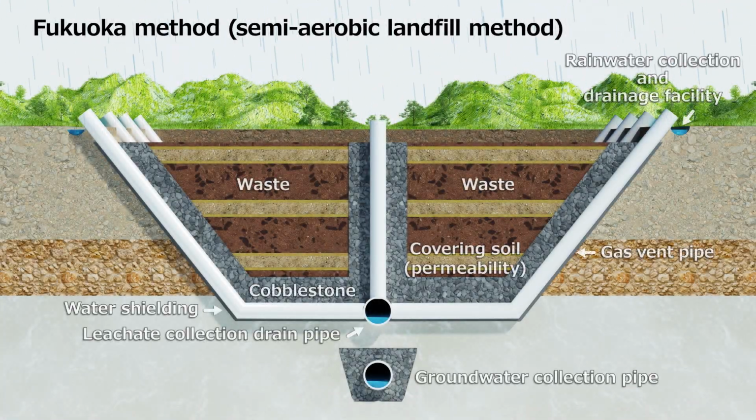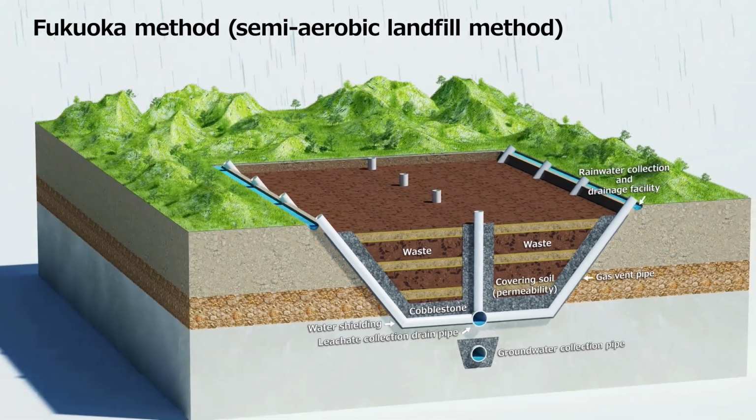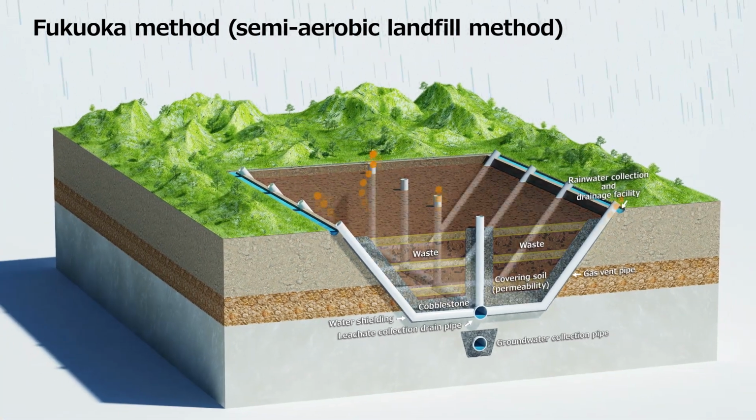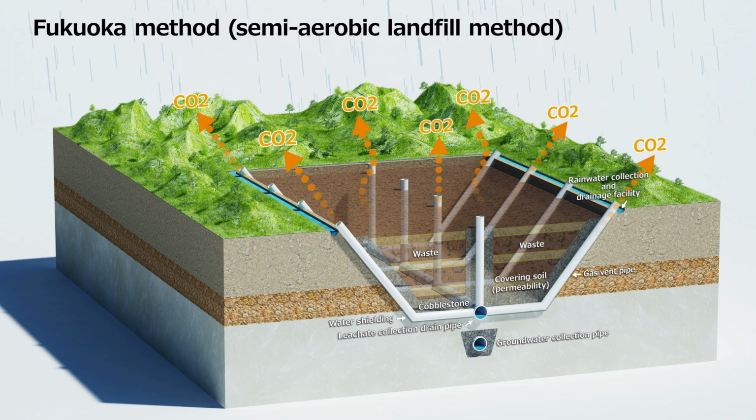The structure of the semi-aerobic landfill Fukuoka method promotes the decomposition of waste by microorganisms through the action of oxygen, suppresses the generation of methane gas and hydrogen sulfide gas, and reduces the environmental load compared to the anaerobic landfill method. So, we can contribute to the early stabilization of landfill sites.